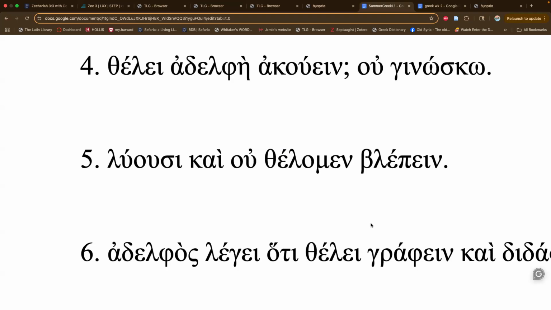So we know that thelo is to wish, and then the amen ending. Yep. But then we have ou there as well. So we're right to say we wish, but then we have to negate it with the ou. So we do not wish blepane.